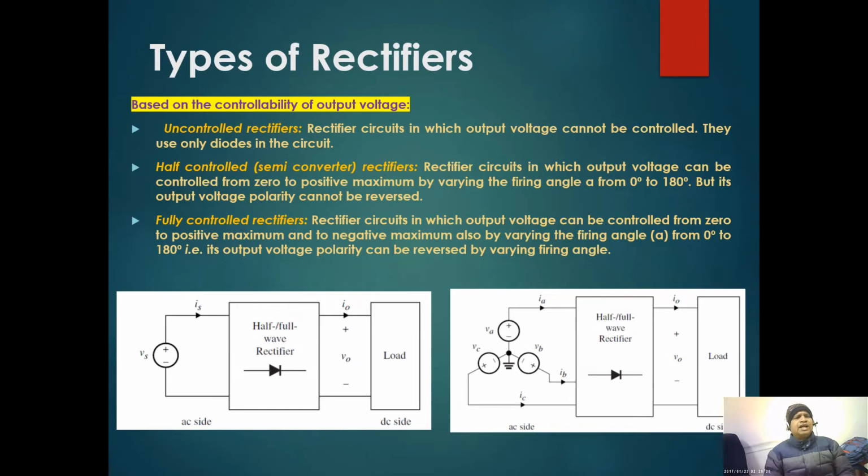There are different kinds of rectifiers. One is called the uncontrolled rectifier, where you don't have control. As soon as the device is forward biased, the device will be turned on, like a diode.